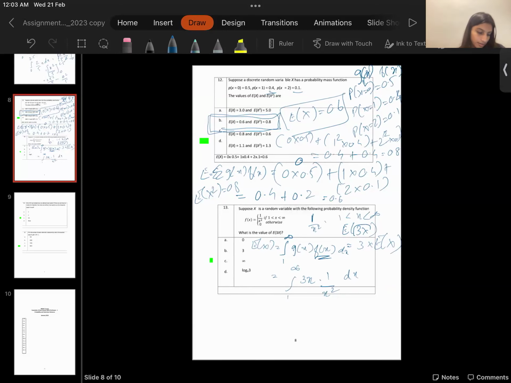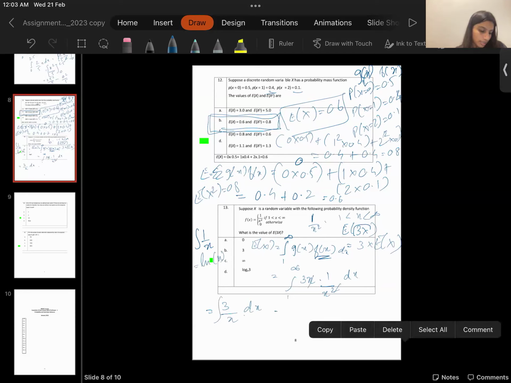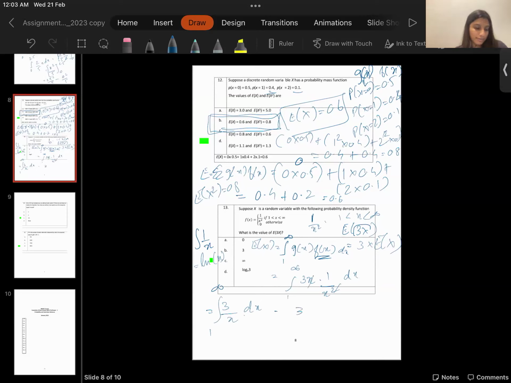So you just have 3 by x dx. One more thing to remember is that the integral of 1 by x is ln of x, and your 3 stays there. So integrating this from 1 to infinity, this 3 stays here, so 3 into the integral of 1 by x, which is ln of x, from 1 to infinity.